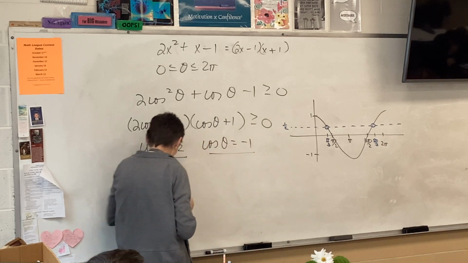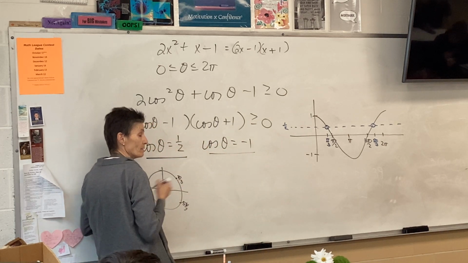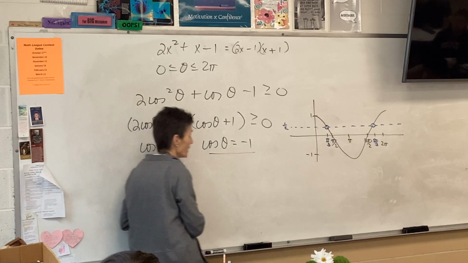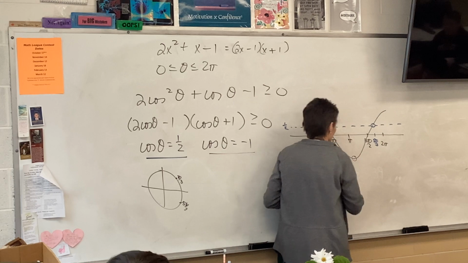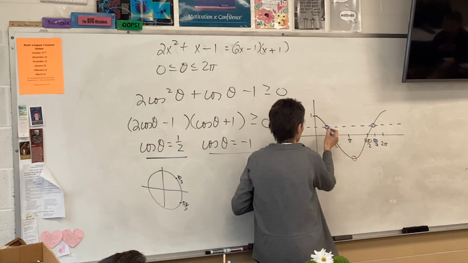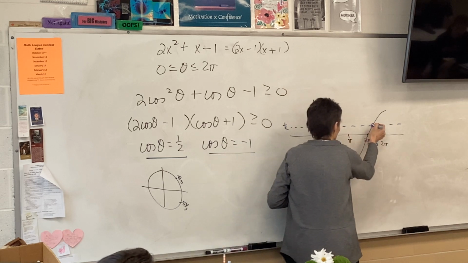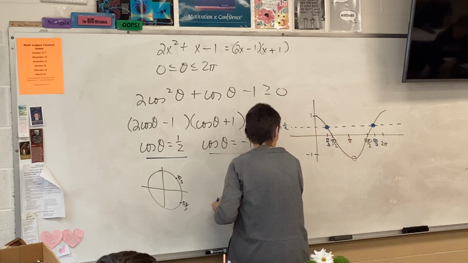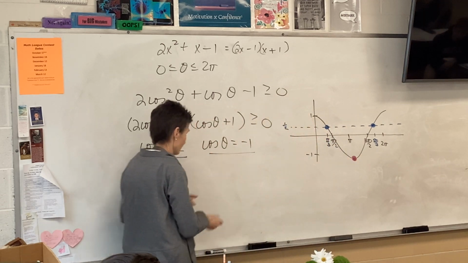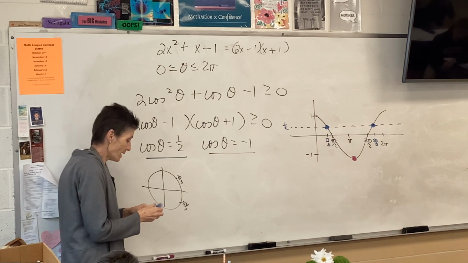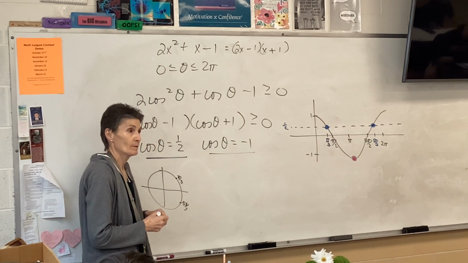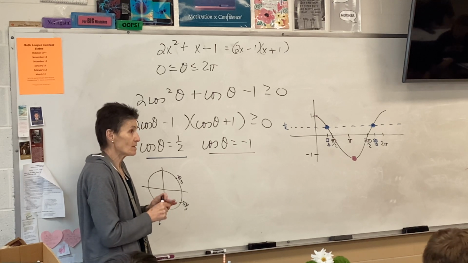Now, where is the cosine -1? Pi. That's it. This is an or equal to problem, so I'm going to go ahead and color in those dots. And not only that, but it's a greater than problem, which means, we just talked about it.